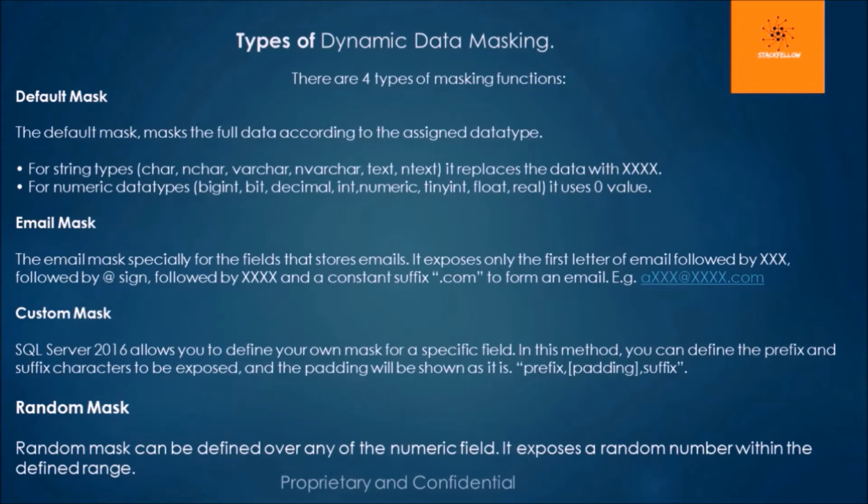In this method, you can define the prefix and suffix characters to be exposed, and the padding will be shown as is. For example, if you have a first name and you want to show only the first two characters, hide the characters in between, and then show the last two characters of the name, you can achieve this using custom mask. And then we have random mask. Random mask can be applied over any numeric field. It exposes a random number between the defined range.